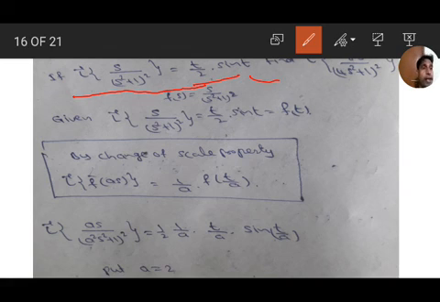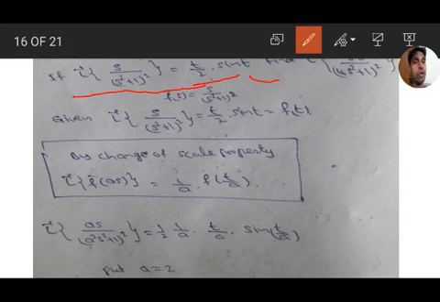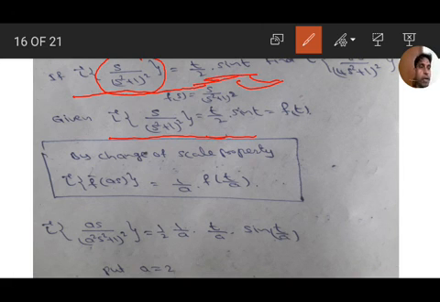We need to find L inverse of 8s by 4s square plus 1 whole square. So take f bar s equal to s by s square plus 1 whole square. Given in the problem, L inverse of it equals t by 2 into sin t, take it as f of t.